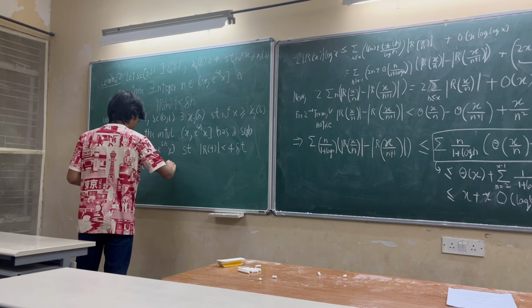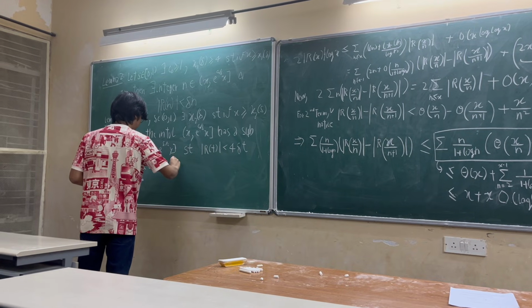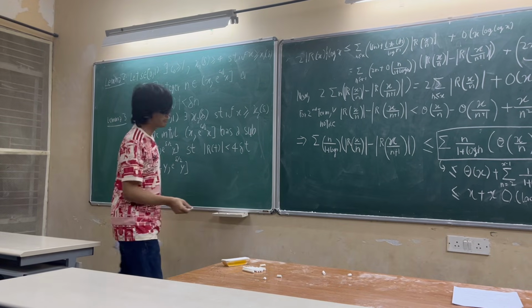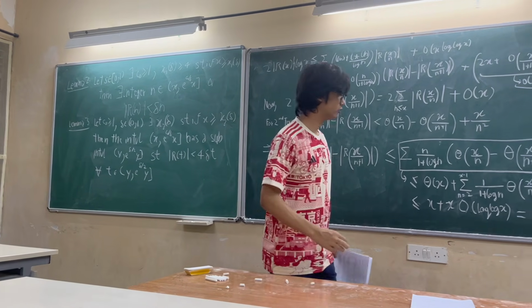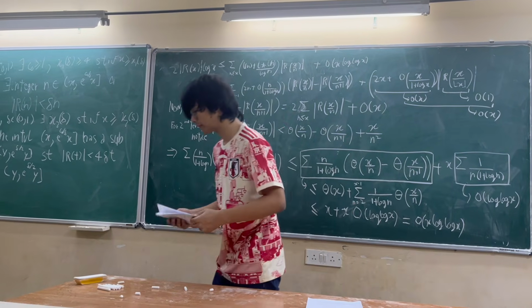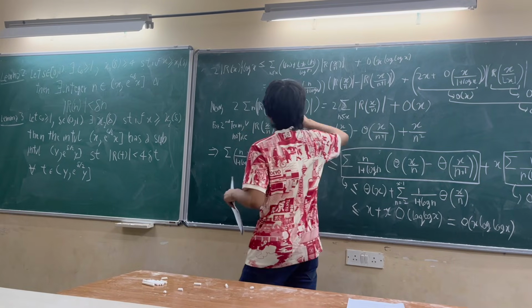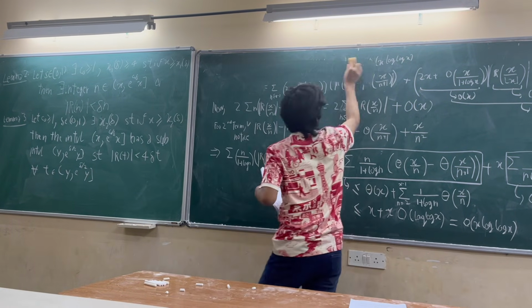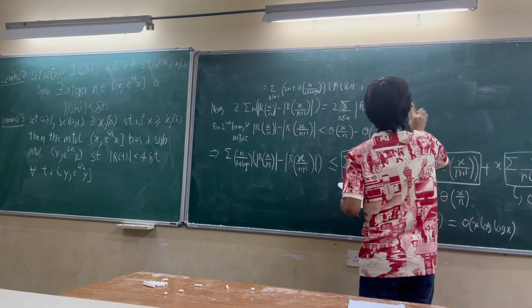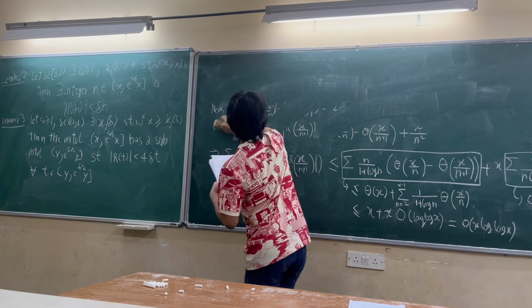That interval is this delta by 2 pi. So we have our two lemmas, and we use these two lemmas to give a proof of the prime number theorem. So what we will do now is basically show using these two lemmas that theta x is asymptotic to x, and that will give us the prime number theorem.